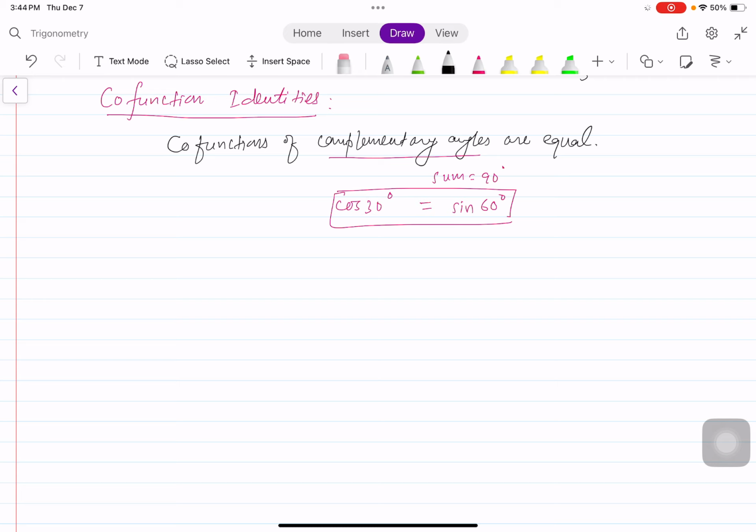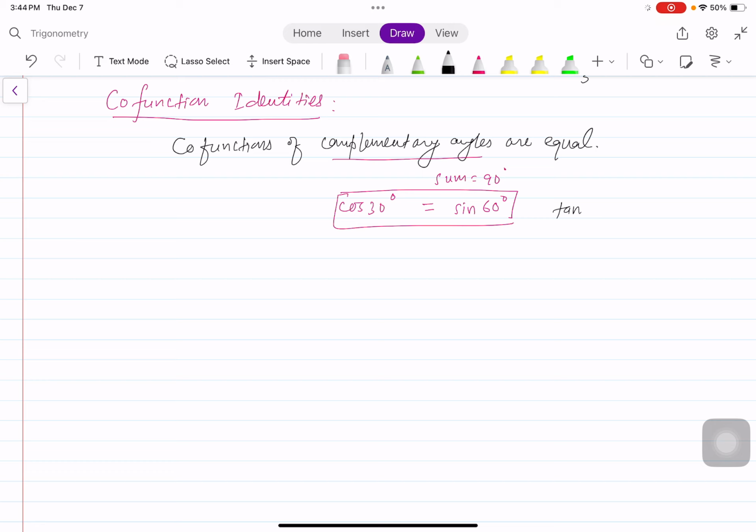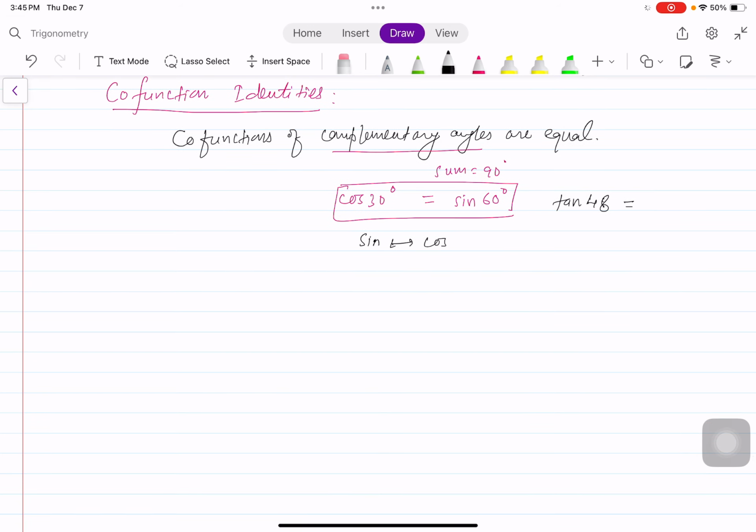Similarly, if you know tangent 48, let's not choose 45, tangent 48. Here sine and cosine were co-functions of each other. Now tangent and cotangent are co-functions of each other, so it will be cotangent 52 degrees.